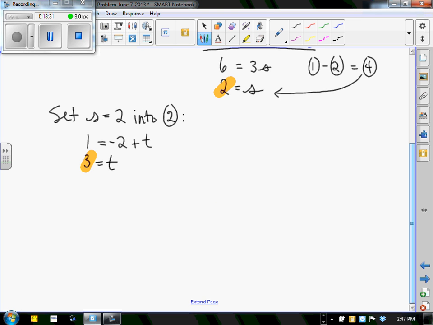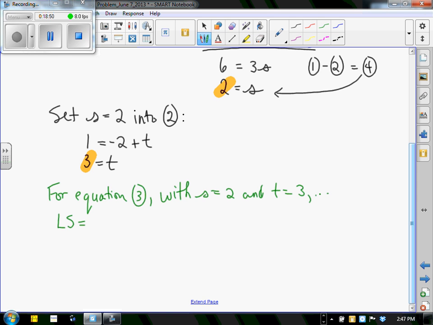So that is for equation or statement 3 with s equal 2 and t equal 3. Our left side, I believe, was negative 5.